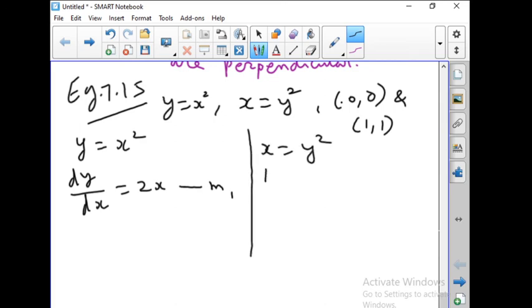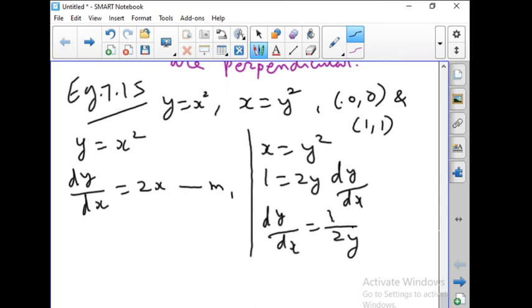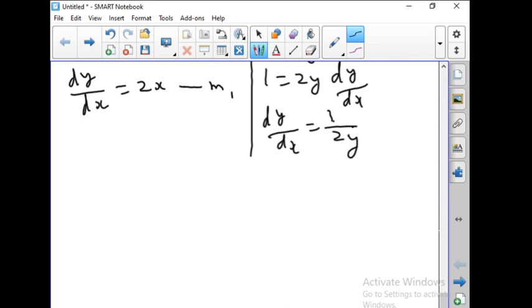Differentiating, 1 is equal to 2y into dy by dx. So we get dy by dx is equal to 1 by 2y. This is m2, where m1 and m2 are the slopes.